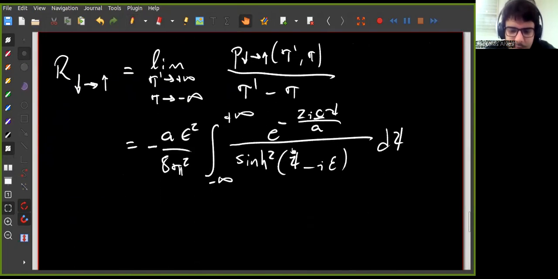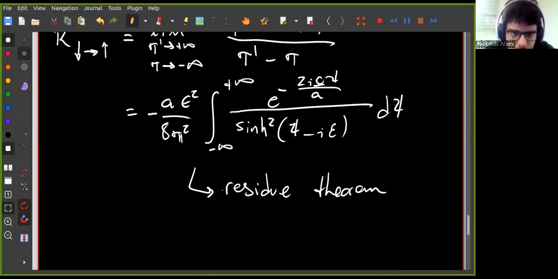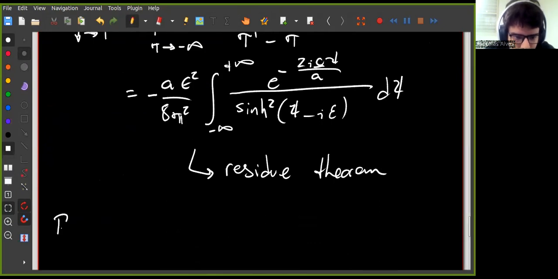Now this integral is a Fourier transform. It can be computed with the residue theorem.